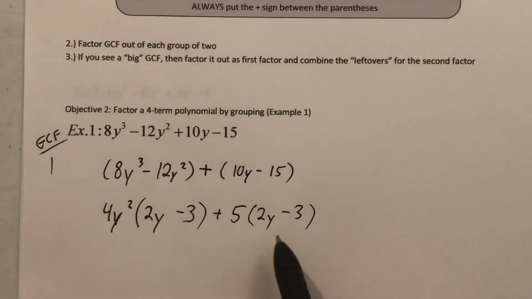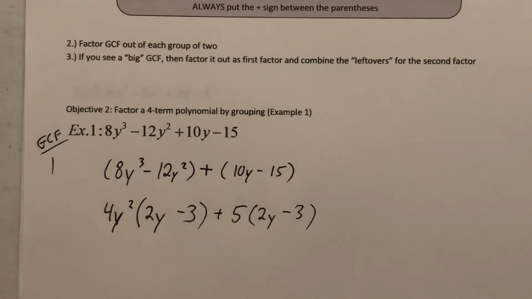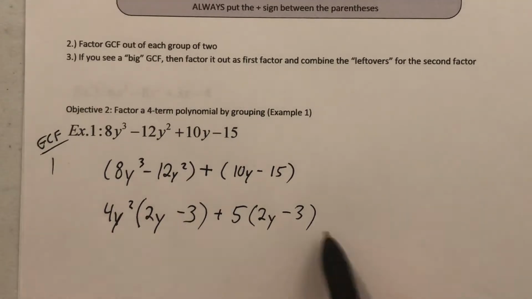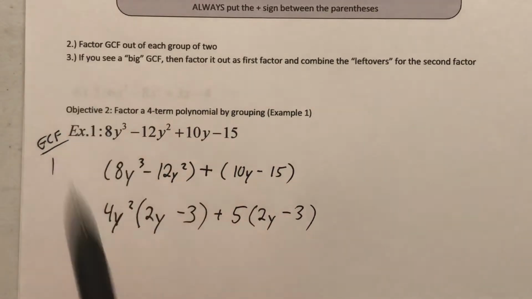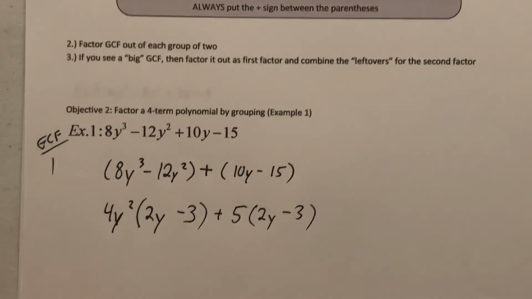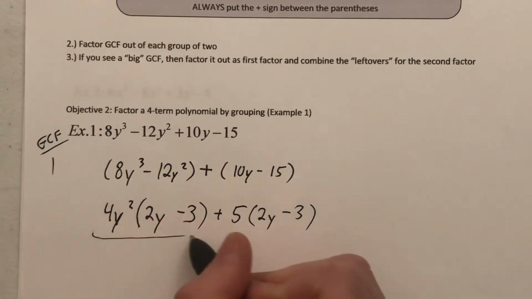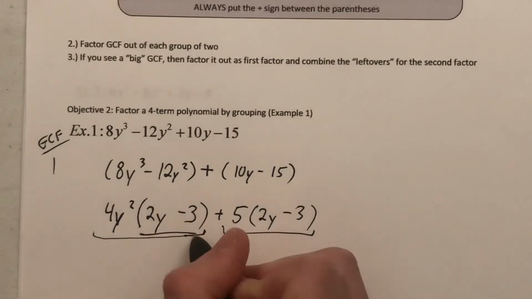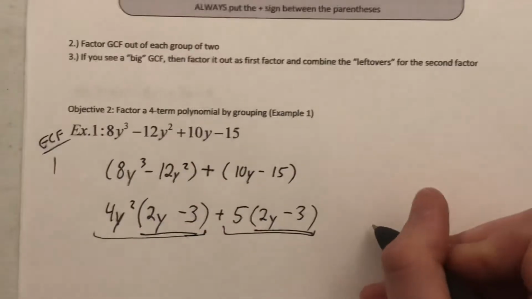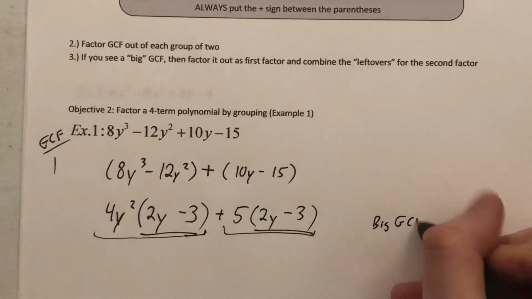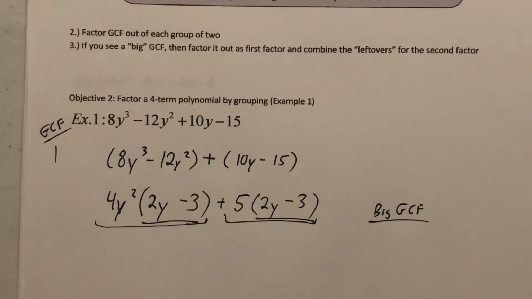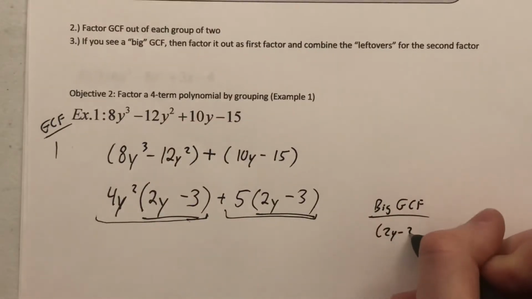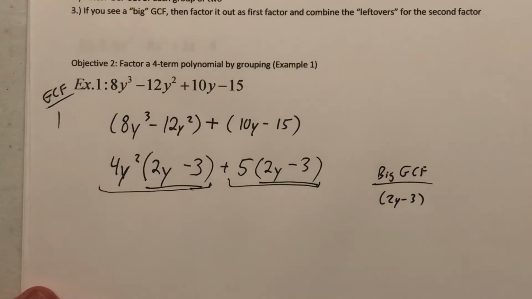We get to here, and this is where that last question about GCF back in section 6A2 comes into play. Because at this point, and what step 3 up here mentions, do you see a big GCF? Remember, we said that we think of that as 1 term, and that is 1 term, but then we see that whole parentheses expression as something I'm going to refer to as the big GCF. They both have the big GCF of 2y minus 3.